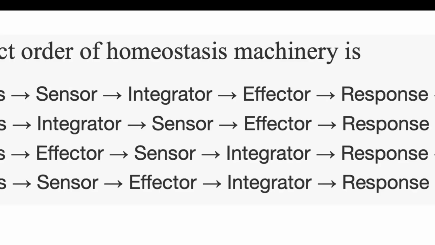Or option C, stimulus, effector, sensor, integrator, response, result. Or option D, stimulus, sensor, effector, integrator, response, result. What is the correct order of homeostasis machinery in our body?